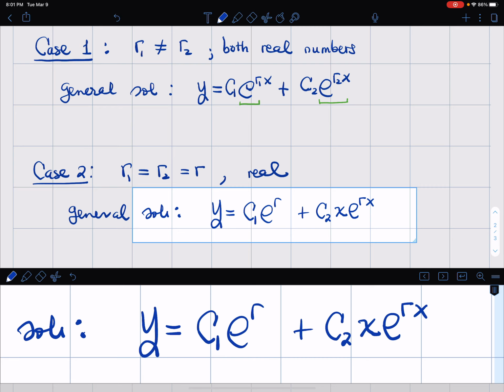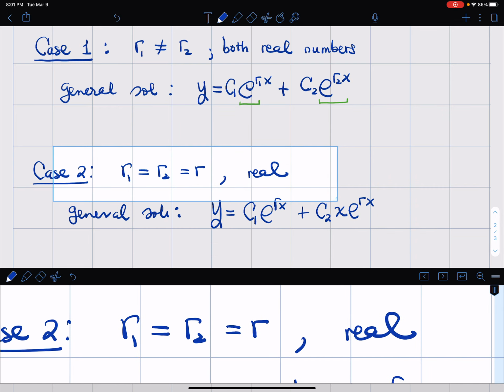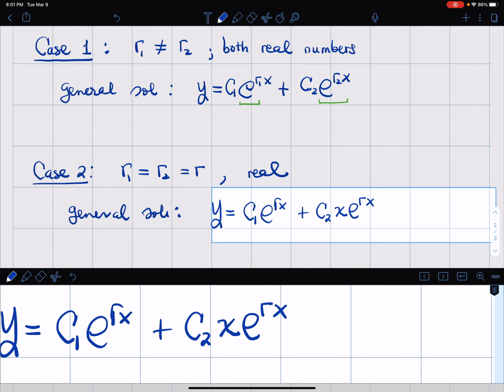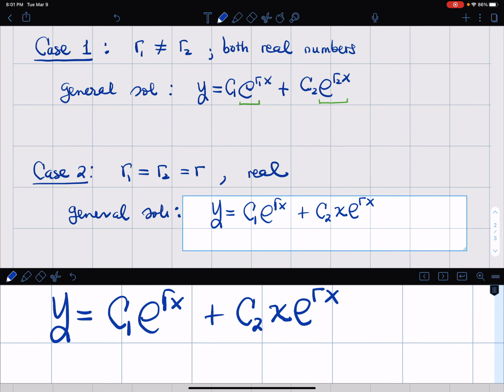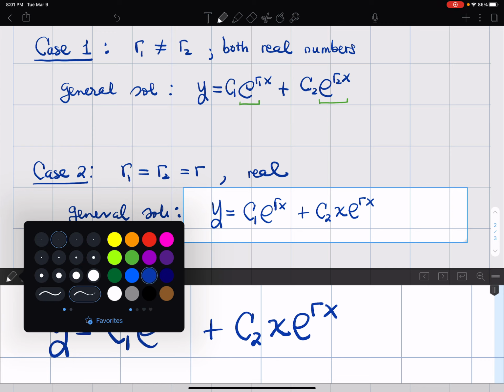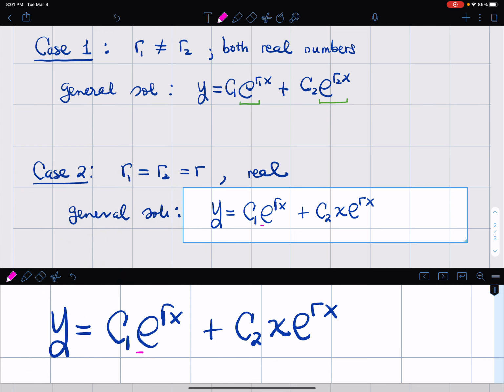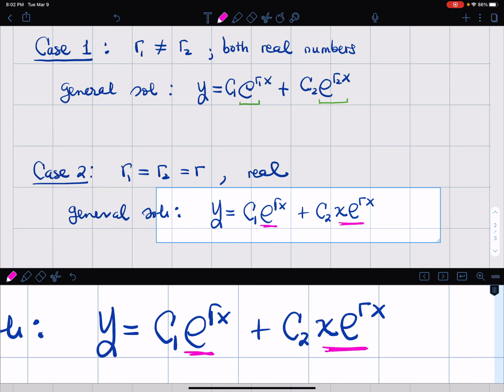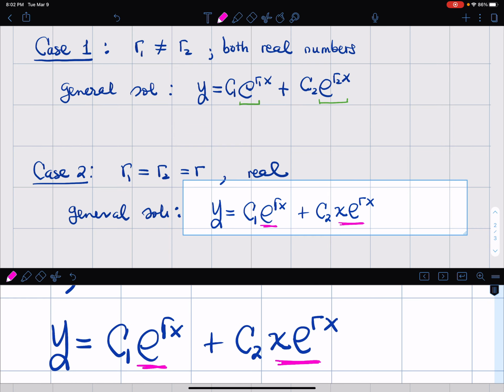So if r1 and r2 are the same thing, the first solution is e to the rx, the second solution is x e to the rx, and then the general solution is going to be a linear combination of both of them. This may not make sense to you, but I'm going to explain in another video why this makes sense. Okay?